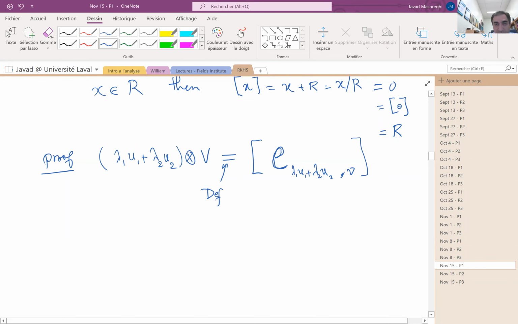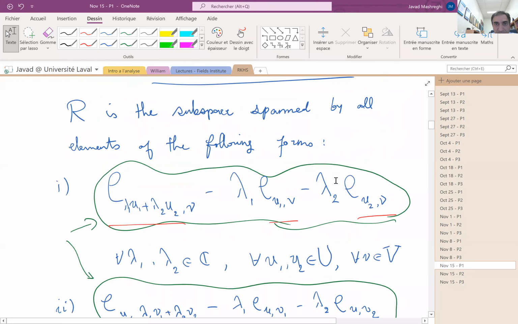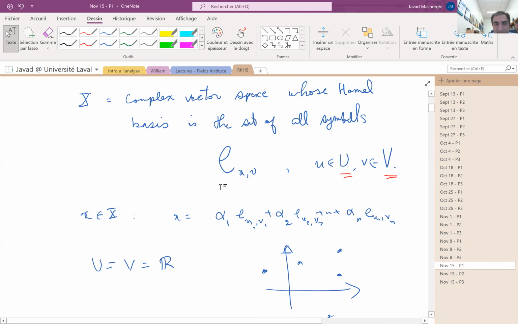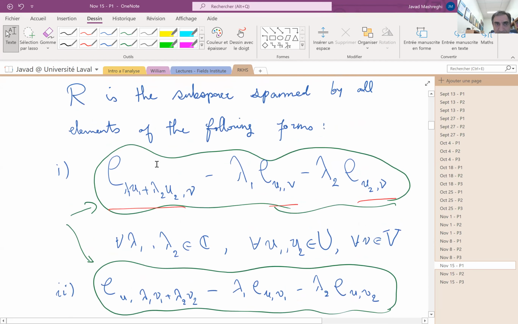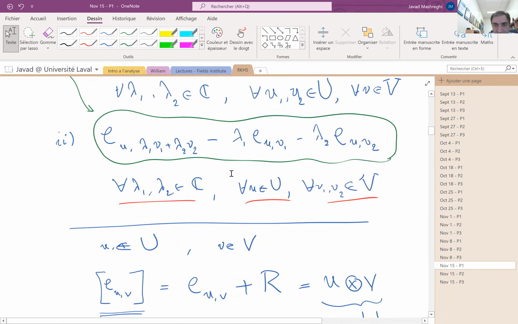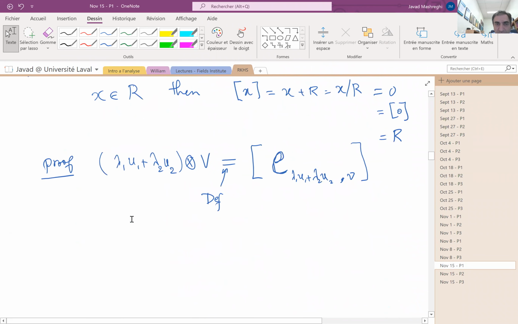That's our original definition, which was somewhere about symbols like this, and here it is. I give this definition: U tensor V is the coset created by the element EUV. So I applied it here, and I apply it two more times.